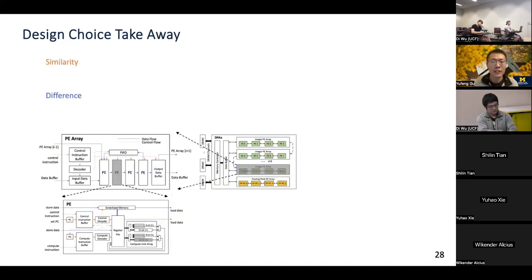Then as a design choice takeaway, let's see how the similarity and difference among these dynamic programming algorithms is supported by the architecture design. So the first similarity is the local dependency. Most dynamic programming has such local dependency.